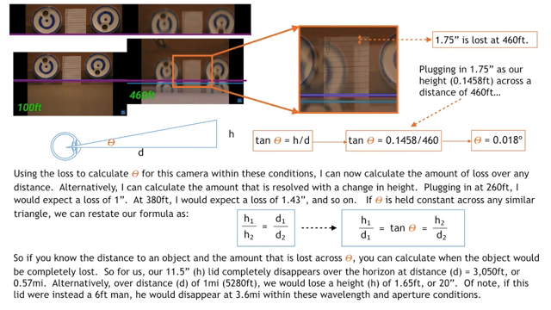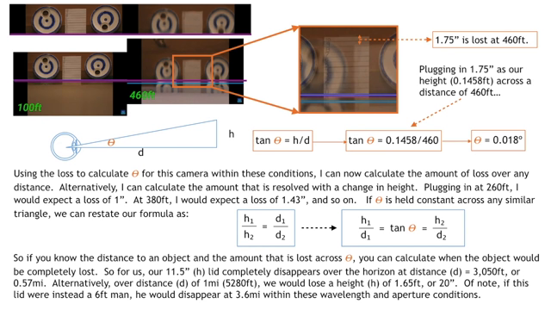Using our same diagram as before, solving for theta gives us a very similar angle to what we've gotten before, which is 0.018 degrees, very close to our 1 arc minute human eye resolution limit.